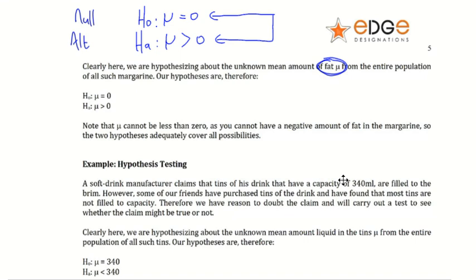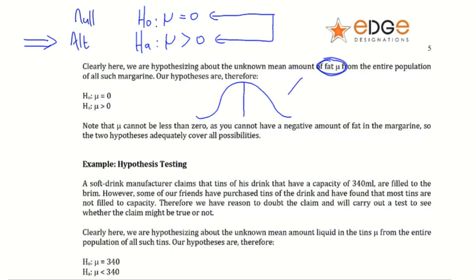Now if I had to say to you guys, what kind of a test is this? Well, there is my normal distribution, there is my mean in the middle. What am I trying to prove? That the mean fat content is greater than 0. Can everyone see why it's very important?